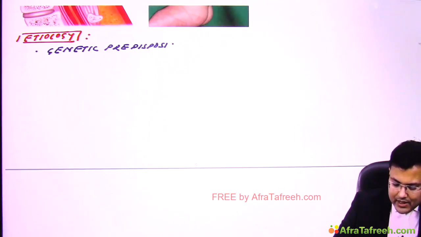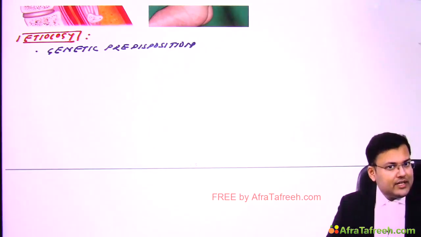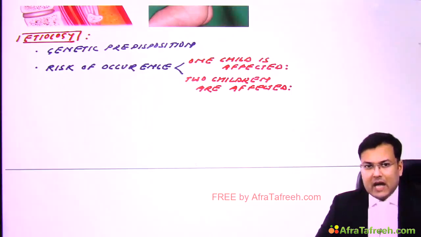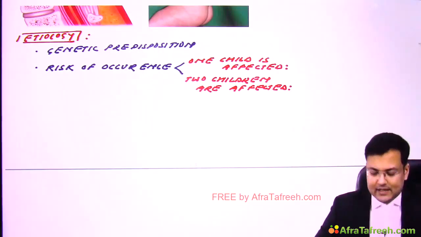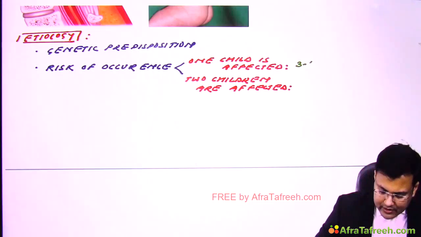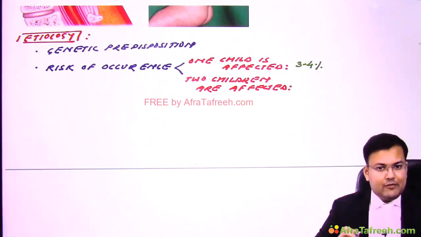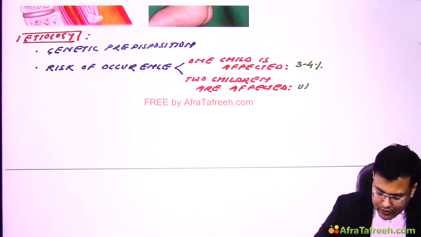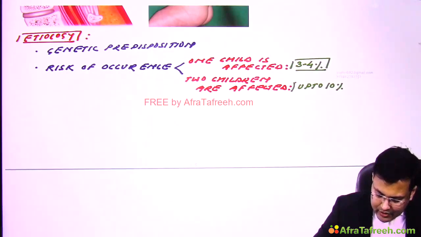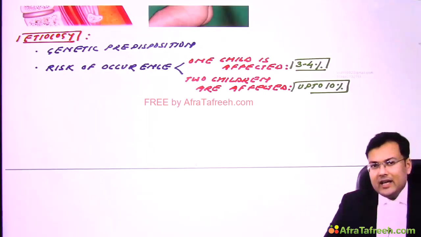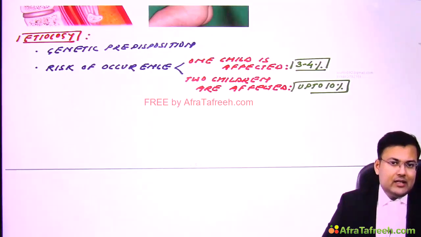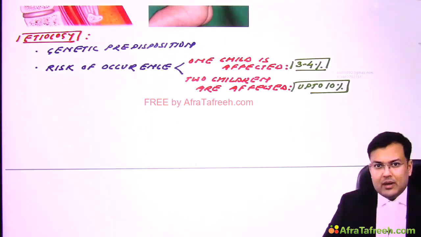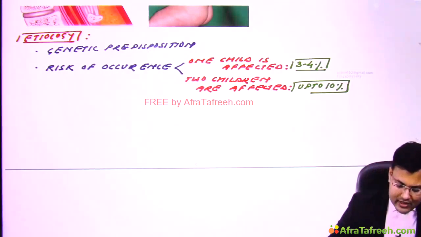In exam, they ask these percentages: the risk of occurrence if one child is affected is 3 to 4%, and if two children are affected, it is up to 10%. You have to remember these. In high risk cases, how can we decrease the incidence of neural tube defects? By periconceptional use of folic acid. This was asked many times.